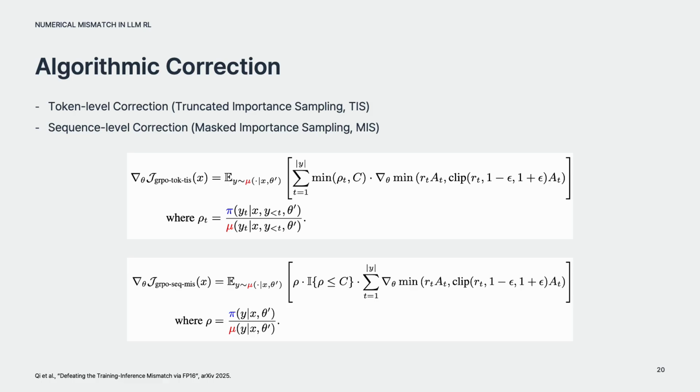One approach is truncated importance sampling, which clips the token-level importance ratios by some upper bound. Another approach is masked importance sampling, which masks out sequences whose sequence-level importance ratios exceed a threshold.